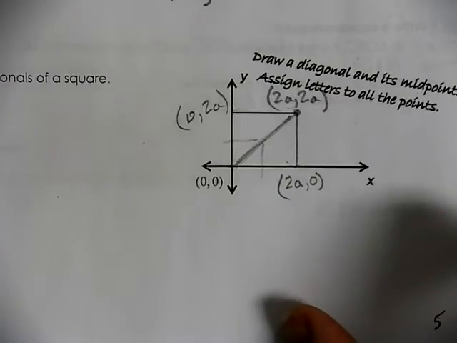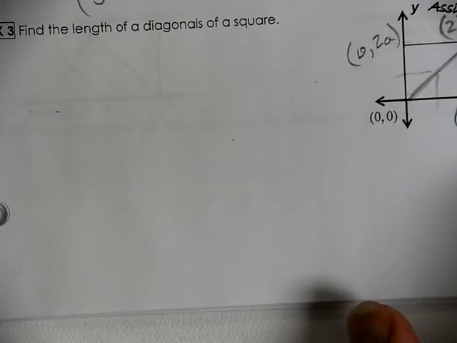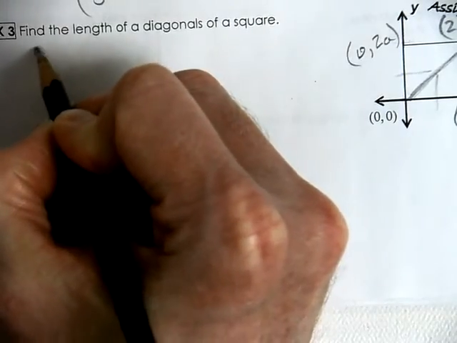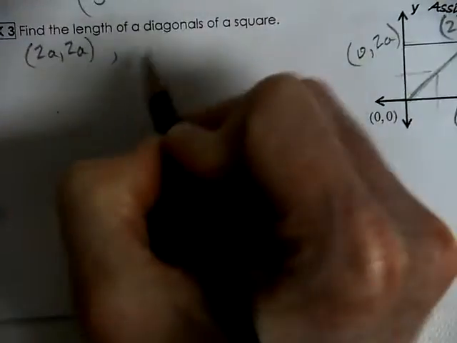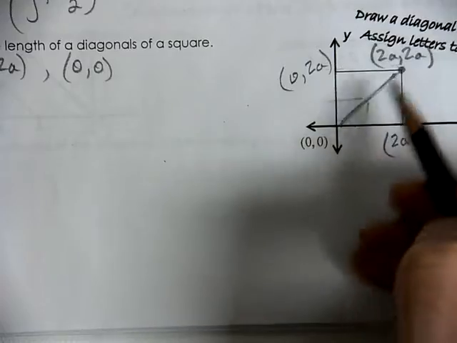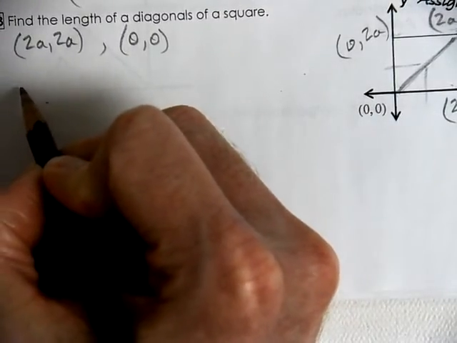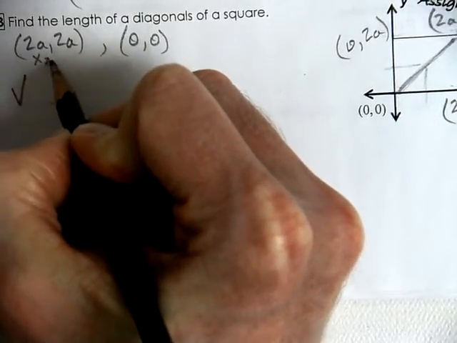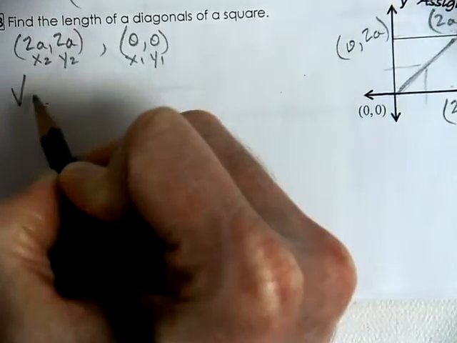So we're supposed to find the length of a diagonal. So the coordinates that we have are 2a, 2a, and it's also 0, 0. That's what we have here. So we're going to use our distance formula as, we'll call this x2, y2, x1, y1.